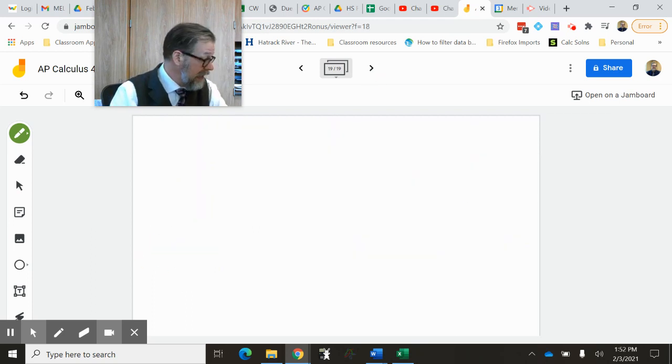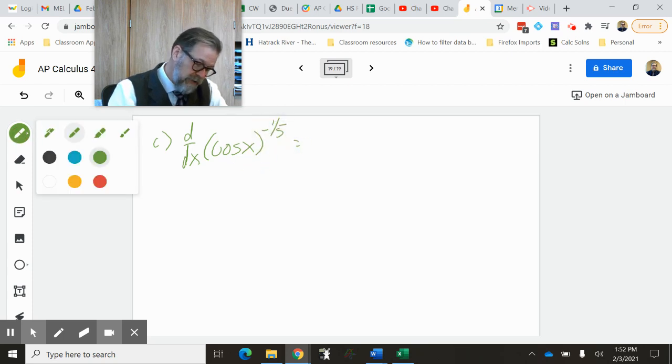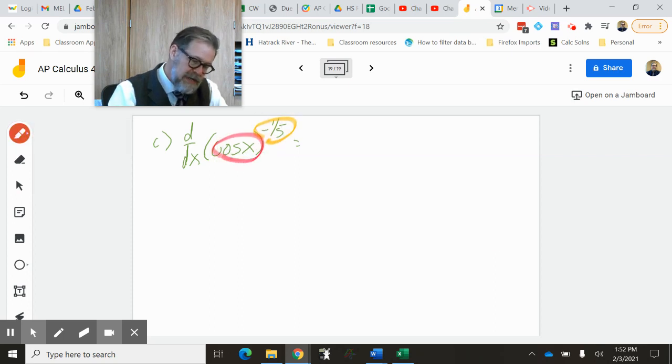Let's see, another one. Let's do the derivative of cosine of x to the negative 1/5. Well, chain rule. So very quickly, let's do outer, inner. So the first thing we're going to do is the derivative of the outer.